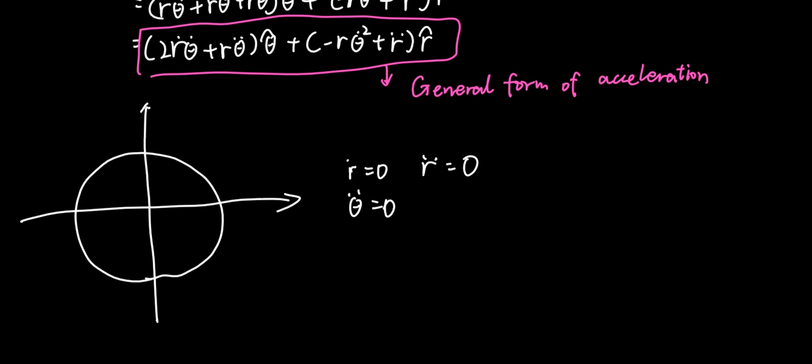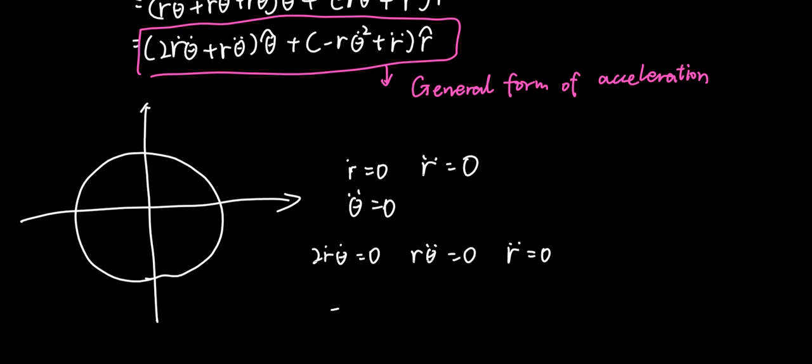So now we can see that 2 r dot theta dot becomes 0, r theta double dot becomes 0, and r double dot becomes 0.